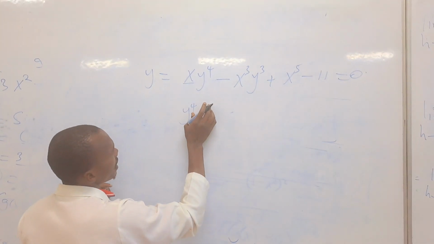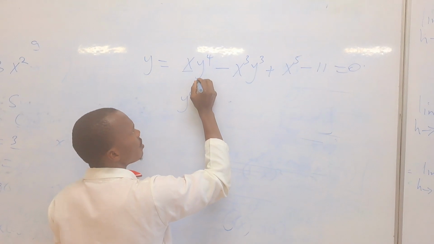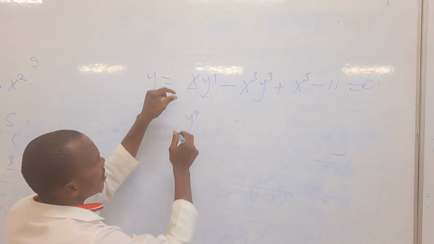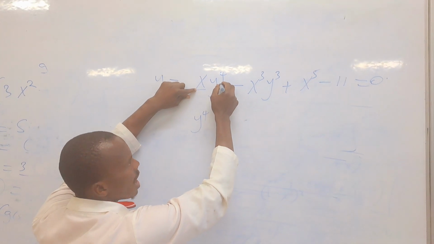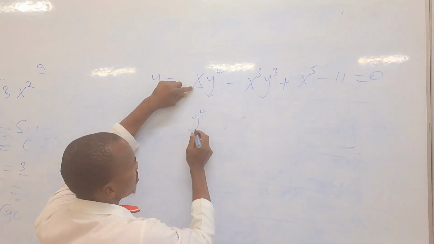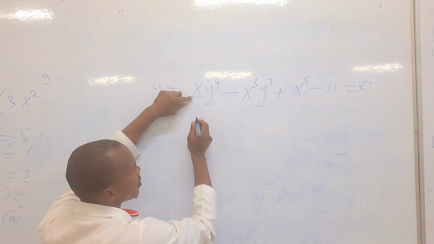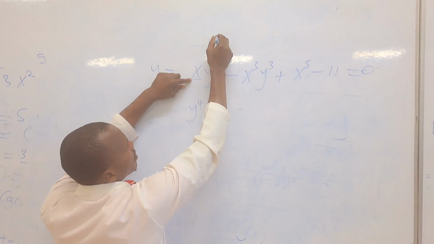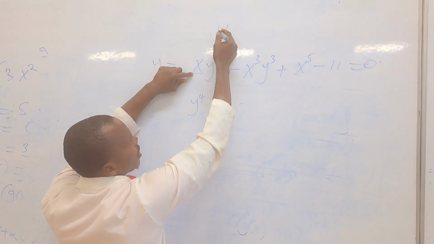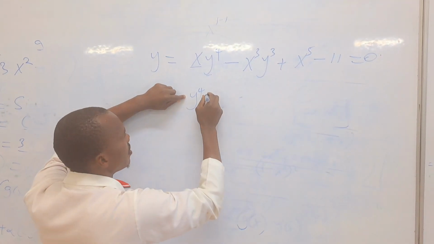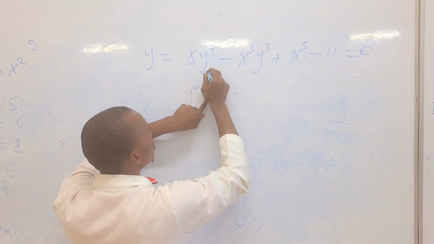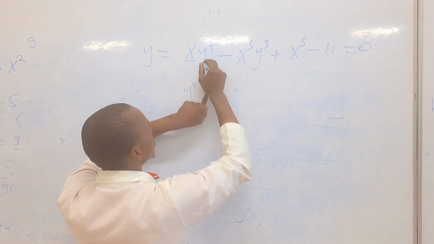Then the next one, now we differentiate. If we differentiate x here, we leave y just the way we have written here, because x raised to power 1 minus 1 is 0, and a number raised to power 0 is 1. So that one you cannot write it there. Plus, now we are differentiating y, x will remain.